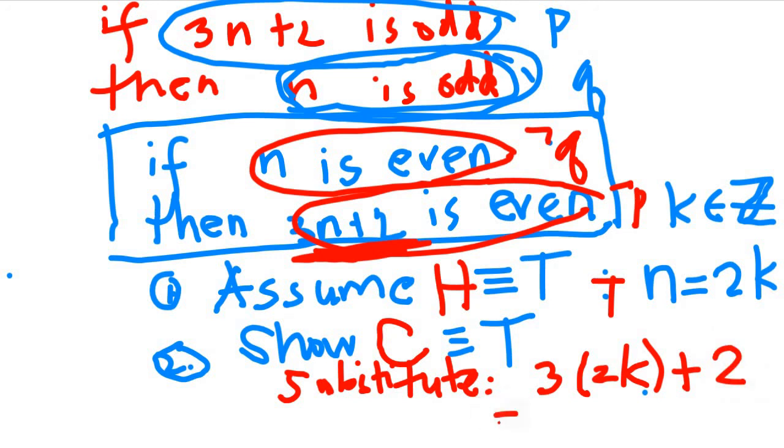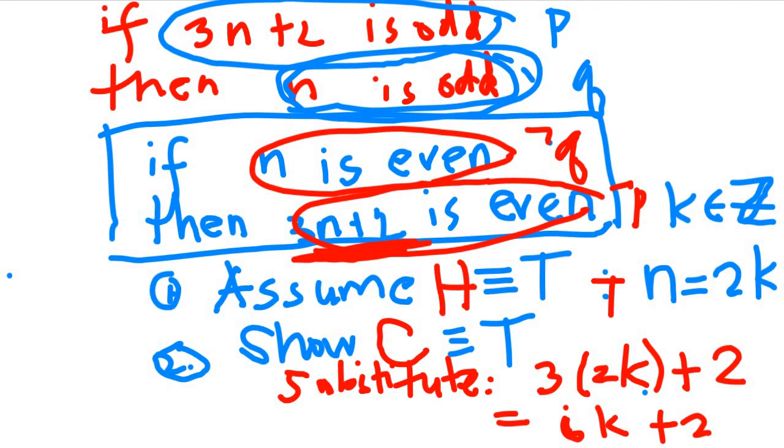Simplify. So we have 6k plus 2. Is this an even number? Right now we cannot tell. Even if you substitute any number there, like 3, 6 times 3 you have 18, plus 2 you have 20. The idea is, yes, it's even, but still it's not a proof.